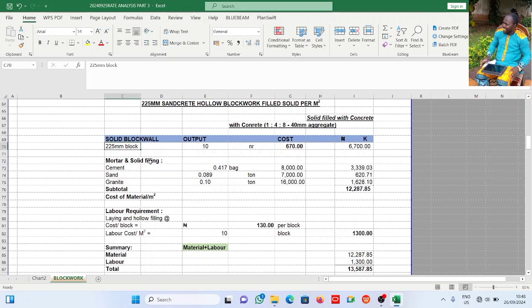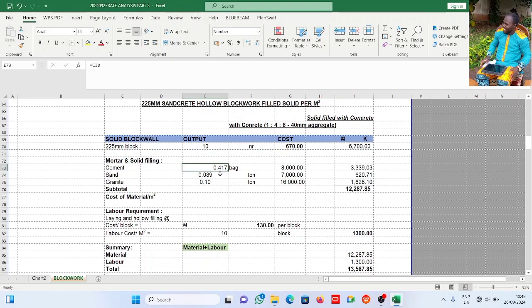Now you have the material. Remember I said rate analysis involves material, labor, profit and overhead. Then when you use plant and machinery also, you have to include them. So the material first. Now 1 square meter we have 10 blocks at 670 is this. Right now we have the cement, then the sand, then the quartz aggregate that was used for the weak concrete.